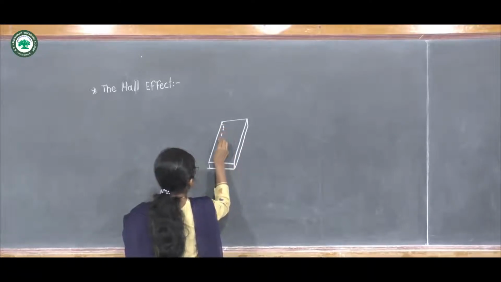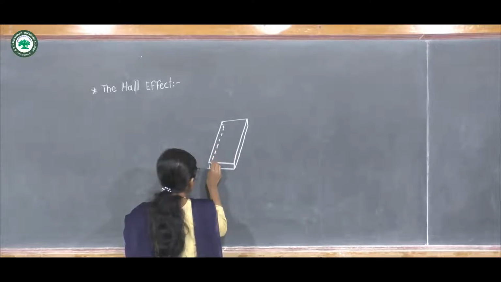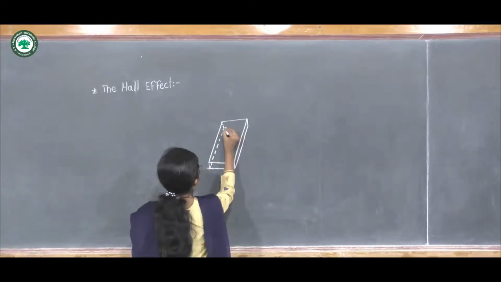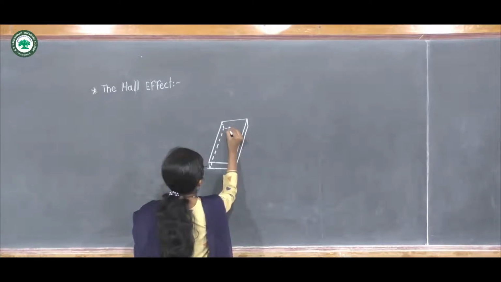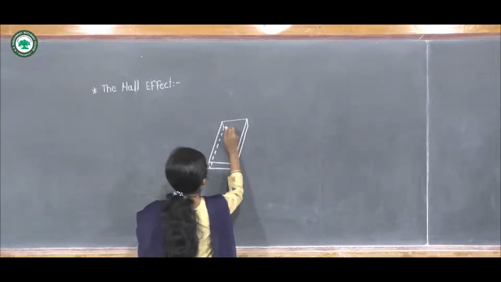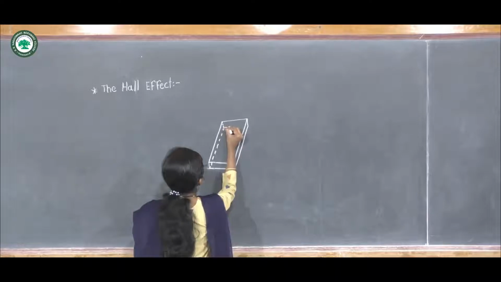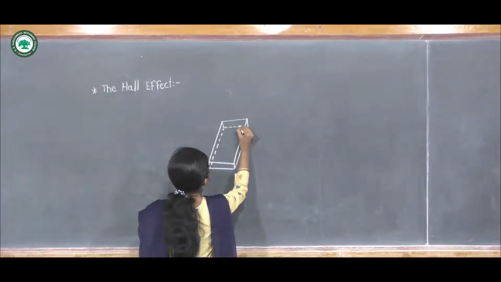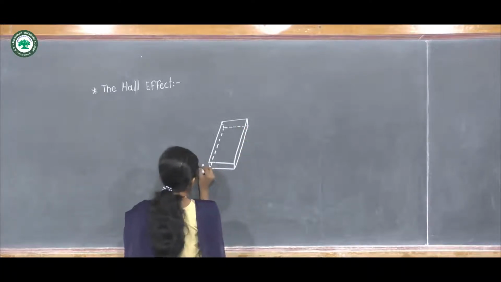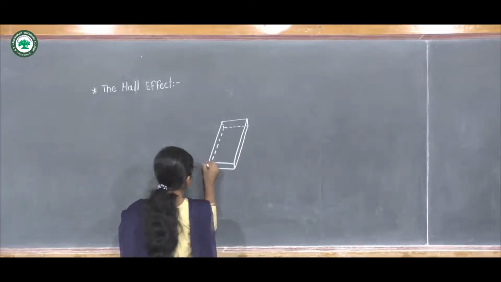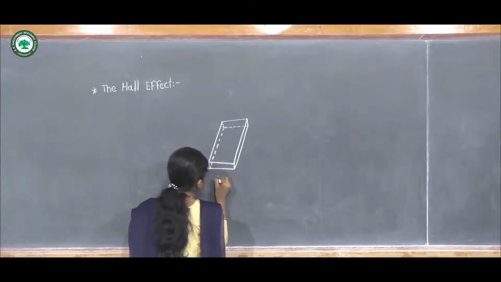Let's consider this is the p-type semiconducting bar, with thickness equal to T, and T will be the thickness of this bar and W will be the width of this bar.